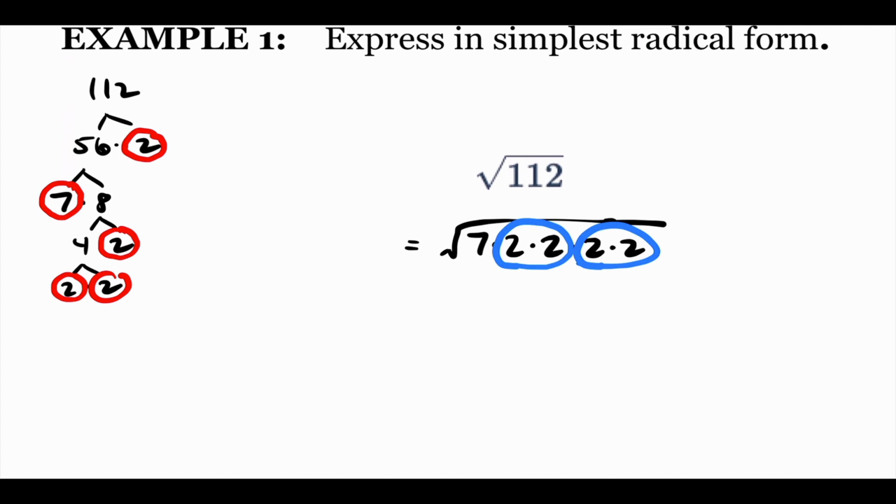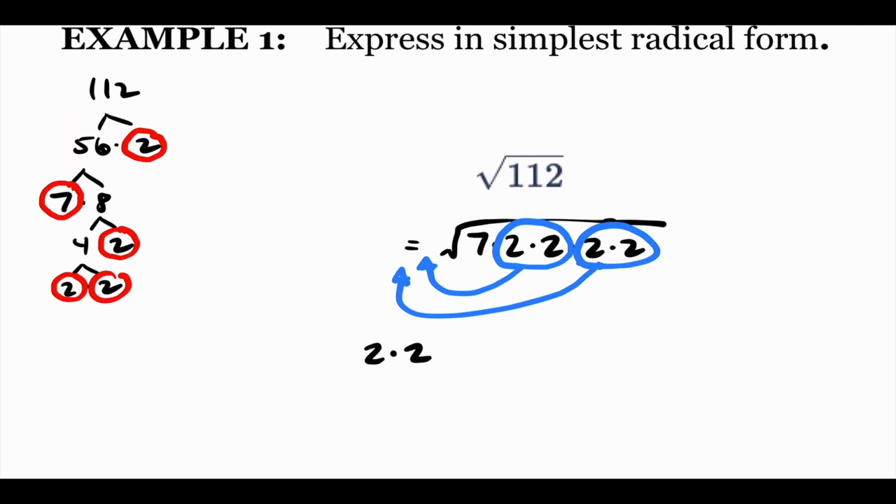So how many pairs of 2's do I have? 2. So that means one 2 can come out here, and another 2 can come out. So that means in front now, I'm going to have a 2 times 2, because one of the 2's came from the first pair, one of the 2's came from the second pair.